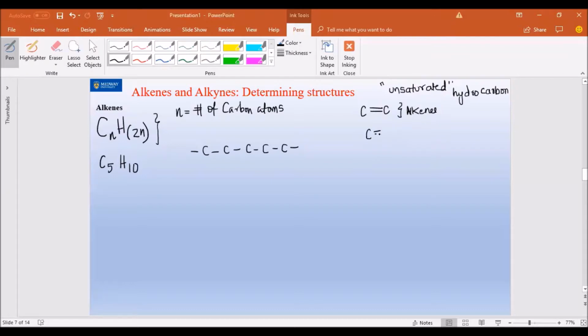For alkynes, there must be a triple bond between carbon and carbon. That's what constitutes unsaturated. Just because there's a double bond in the compound, you will see later when we start incorporating oxygen into the pile. Currently all of these involve only 2 elements, carbon and hydrogen.